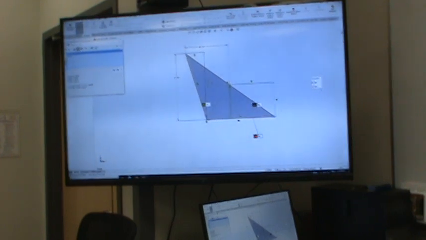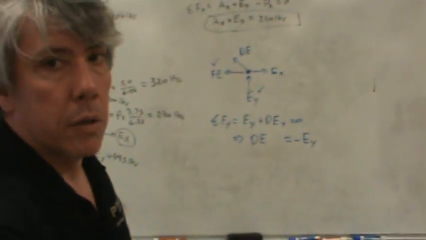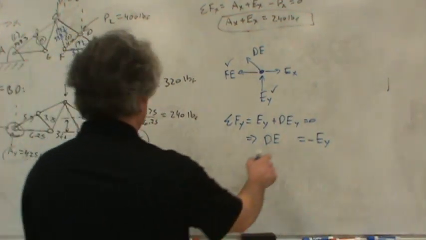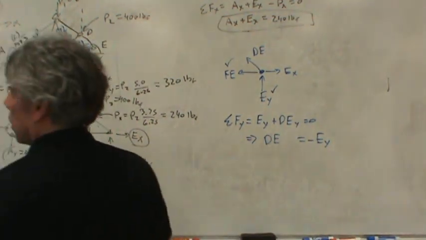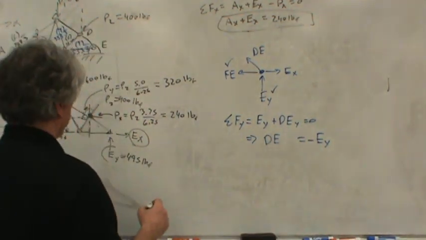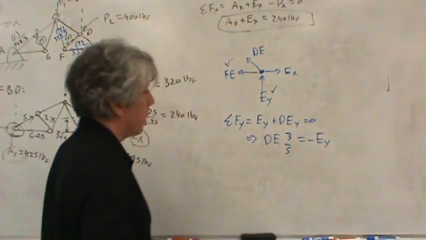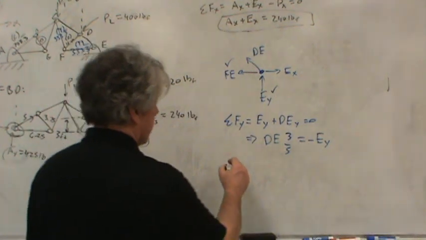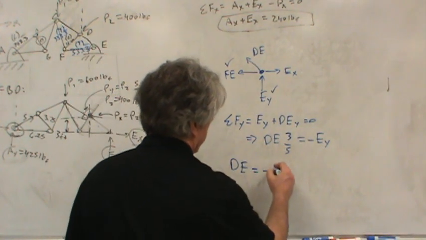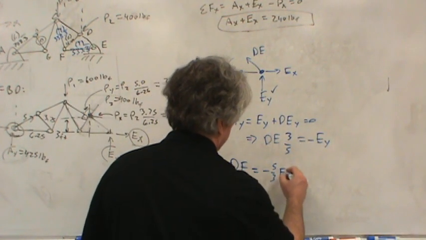So if we go back over here to try and get DE in the Y direction, then I think we need 3/5, right? So DE would be equal to negative 5/3 of EY.